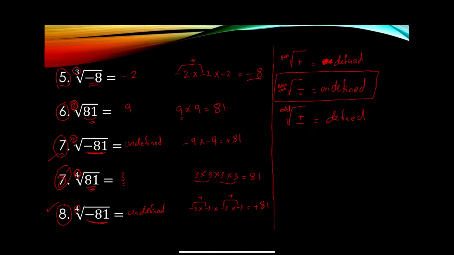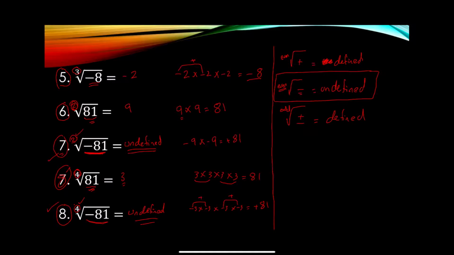This is the only case, as we saw in example number 7 and example number 8. They are undefined in case of having 2 and 4 even degrees, and the number is -81. So directly, the answer should be undefined.